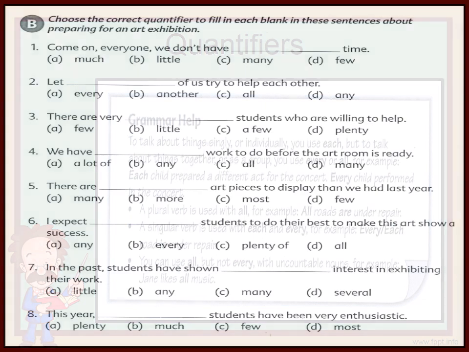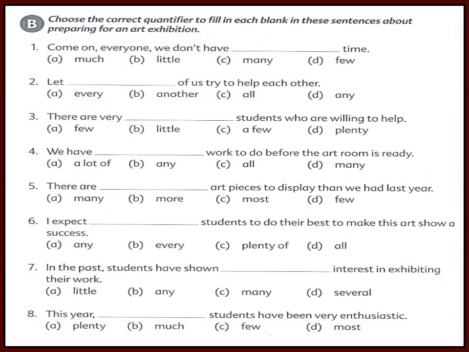So let's move towards exercise B. The question is: choose the correct quantifiers to fill in each blank in these sentences about preparing for an art exhibition. Now again you will consider these eight sentences, or I think these could be ten too.